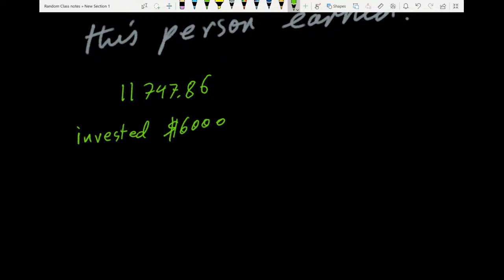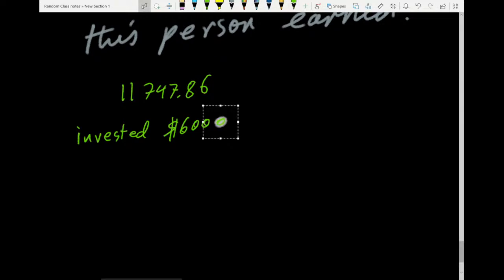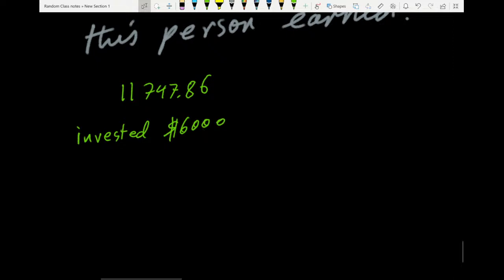Did you really earn like $11,000? No. You actually earned 11,747.86 minus 6,000, and that gives you 5,747.86.